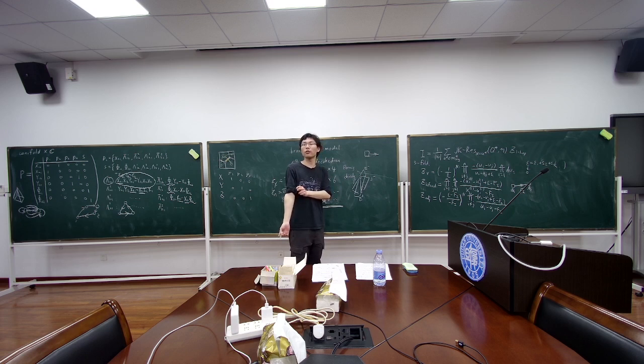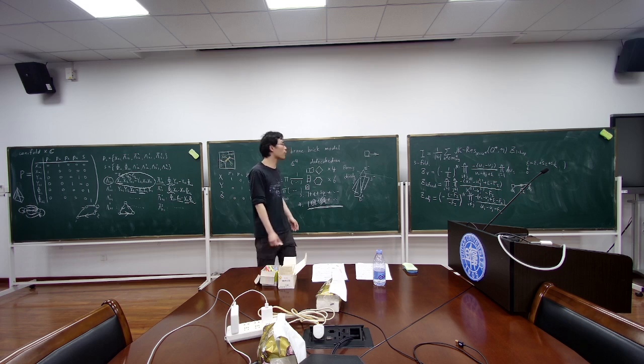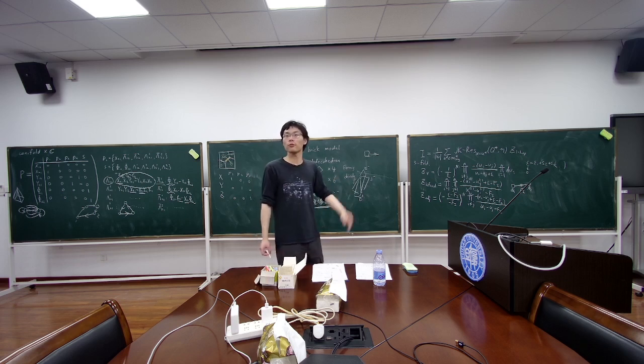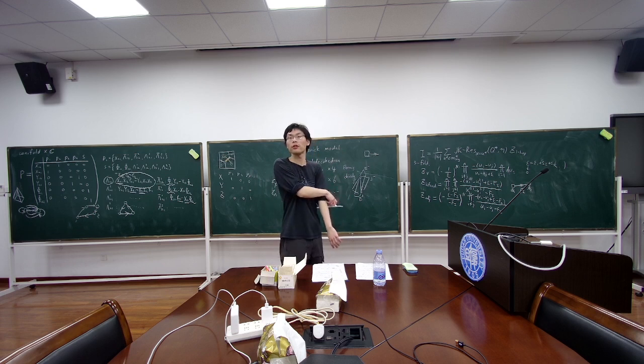So how do I read off the DT invariants from this generating function? Yeah, we have a wall crossing formula, so we just follow this wall crossing procedure, and we can reach the DT values.